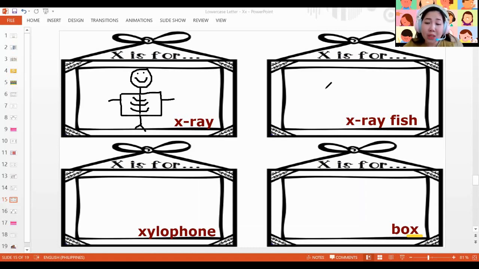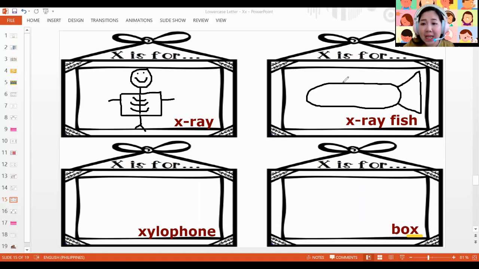This time I will be drawing X is for X-ray fish. So I will start with my oval for the body of my X-ray fish. I will draw a triangle for the tail. I will make another oval, two ovals on the top and the bottom for my fins.